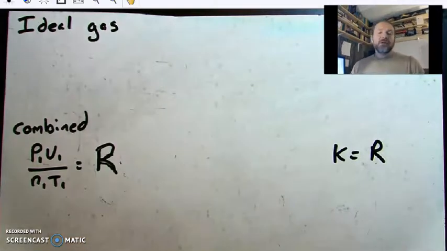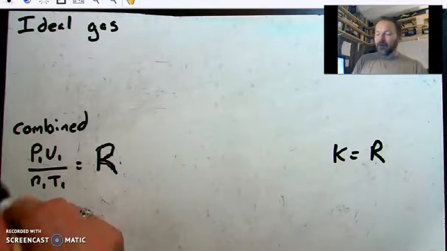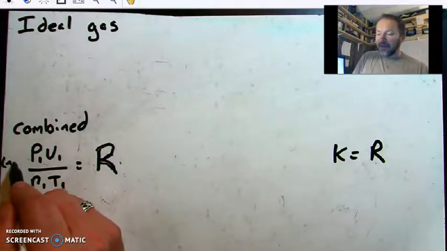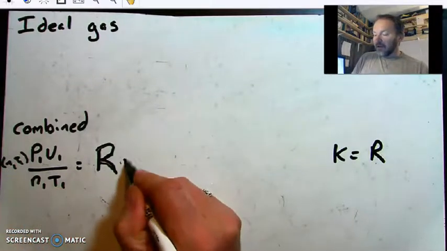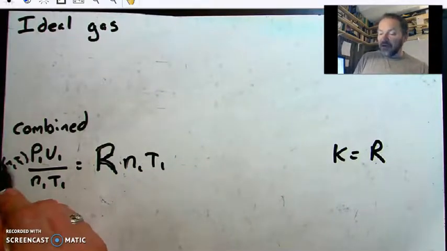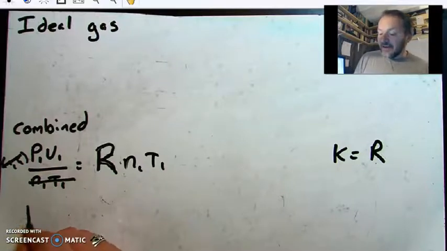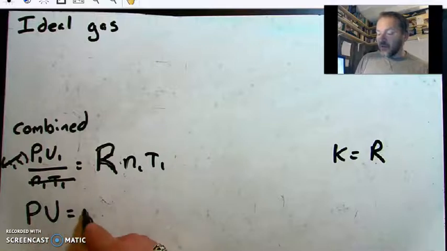Historically, we don't like fractional equations, so I'm going to multiply both sides by N1 T1, to get N1 T1 over here, and it's going to cancel on this side. That gives us our finalized equation of PV equals NRT.